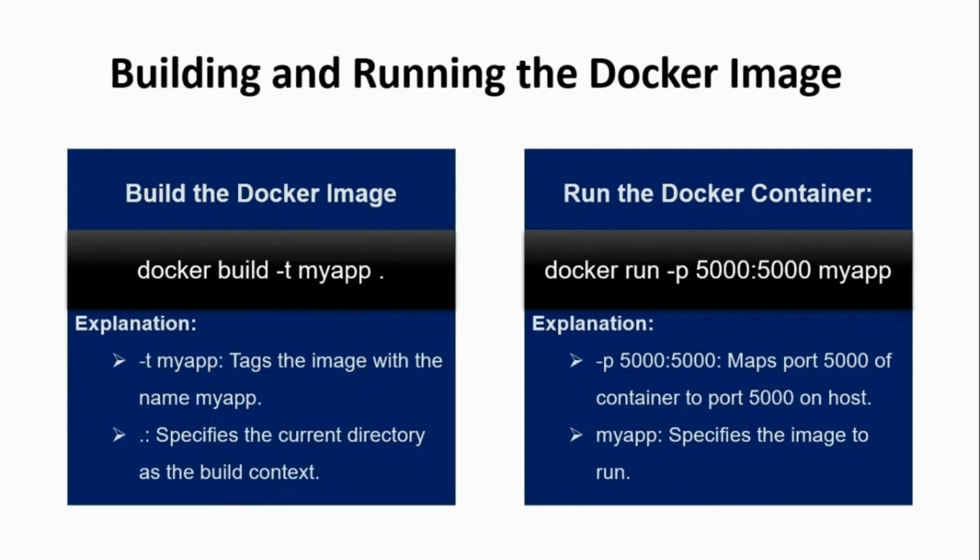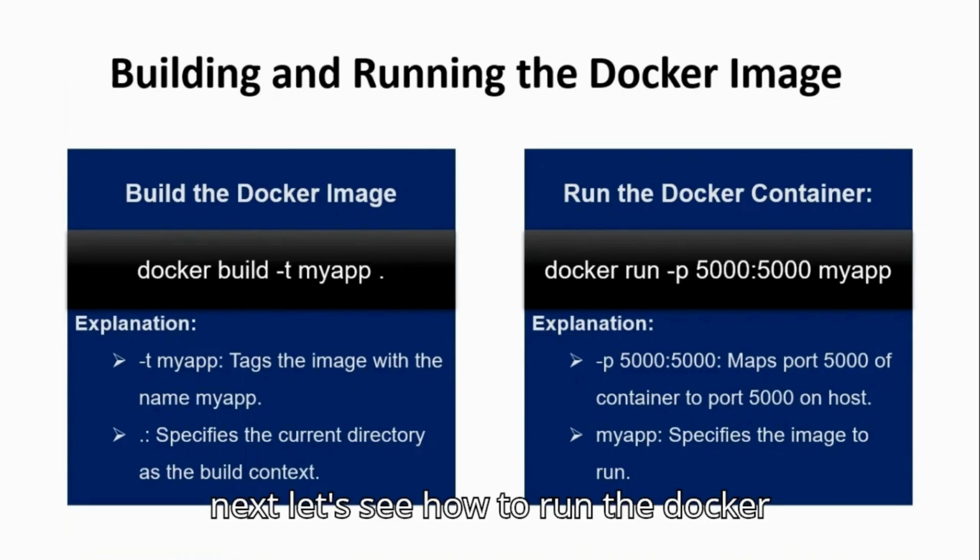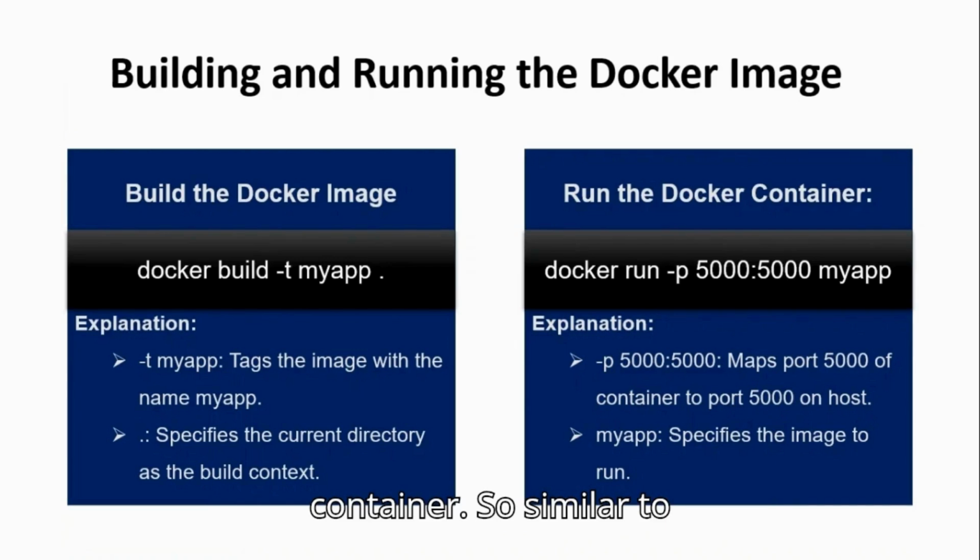Next, let's see how to run the Docker container. Similar to docker build, we have the command docker run -p 5000:5000 myapp. Here, docker run is the command used to run the Docker container. Next, -p 5000:5000 maps port 5000 of the container to port 5000 on the host.